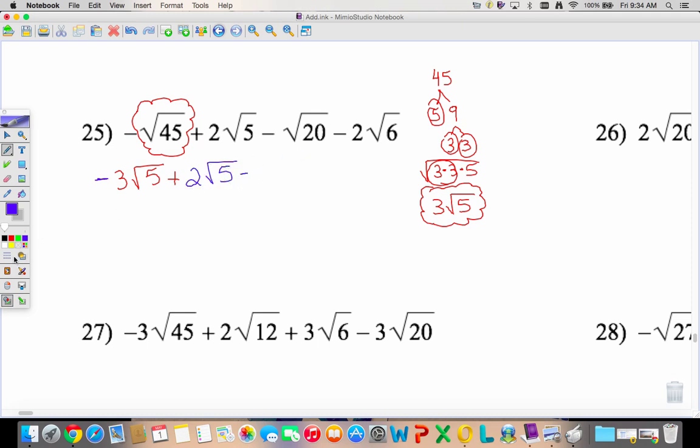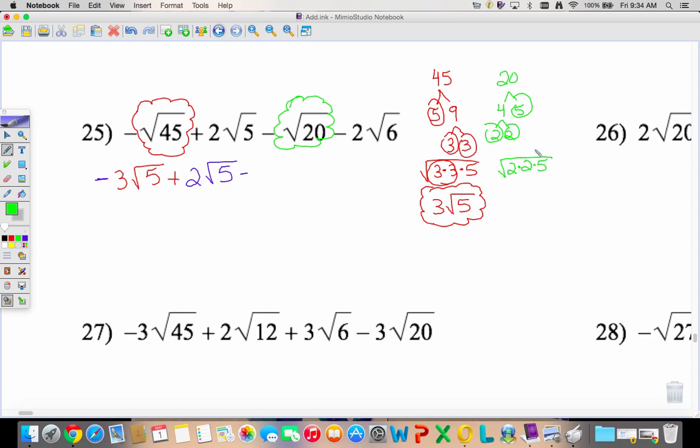Plus, I can't simplify this right here, so I have 2 square roots of 5. Minus, now we're going to focus on the square root of 20. Okay, so to do that, I'm going to go ahead and write down 20. I need two numbers that when I multiply will get me 20. We can do 4 and 5. 4 is 2 and 2.